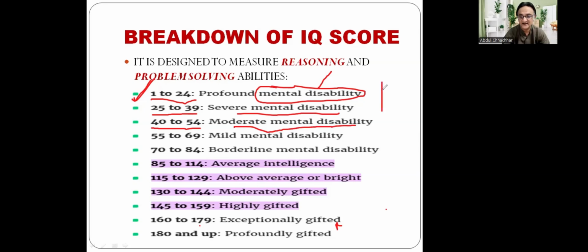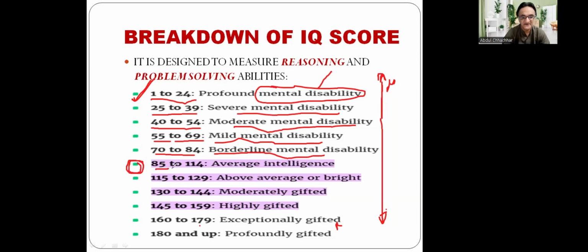So this is the scale as you can measure, that shows the higher disability level, and this shows the lower, that means the increasing of the IQ level, and this up shows the decreasing of the disability level. From 55 to 69, that's a mild mental disability. From 70 to 84, that's a borderline mental disability. This is the point which is important that you should remember.